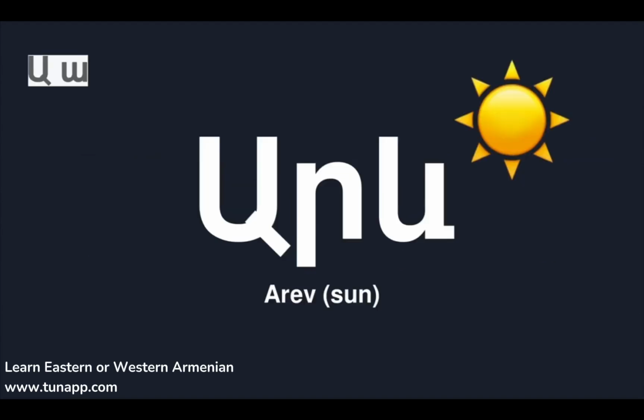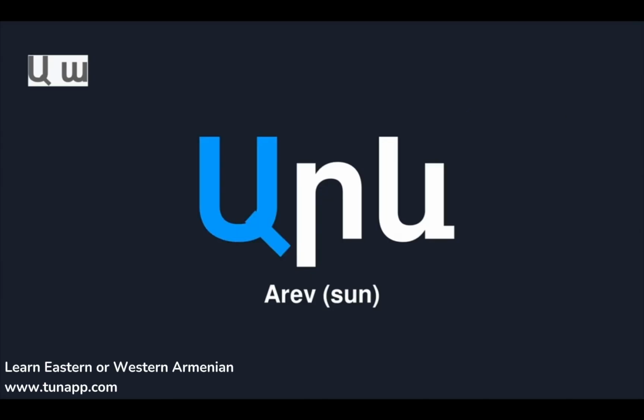In the top left-hand corner, we've put the letter A in a capital and in a lowercase. Looking at the word arev on screen, can you find A in this word? That's right at the beginning, arev.